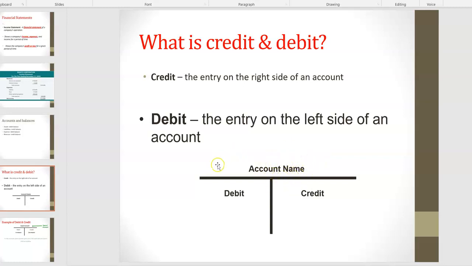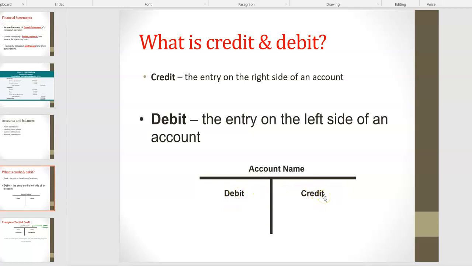Whenever something happens, you would record it on either the left-hand side or the right-hand side. The same thing if you had to pay an electric bill: you would have an account called electricity perhaps, and whenever you pay the electric bill, you would record that amount on either the left-hand side or the right-hand side.